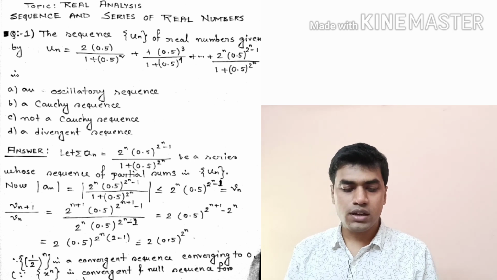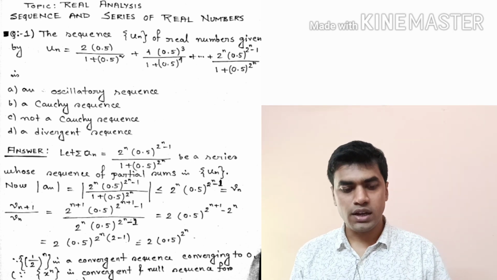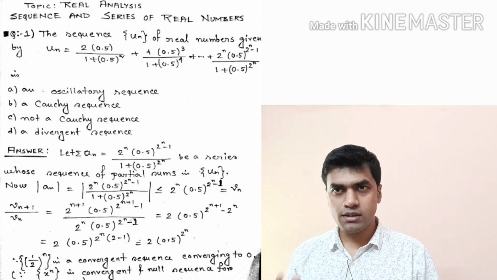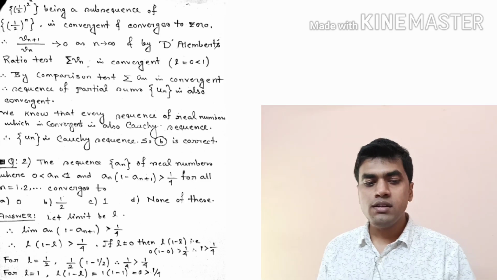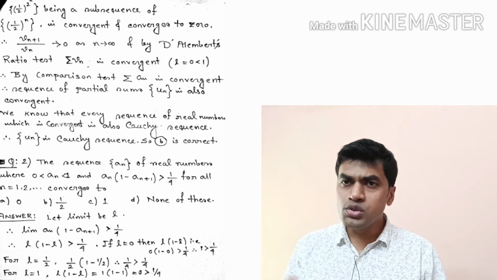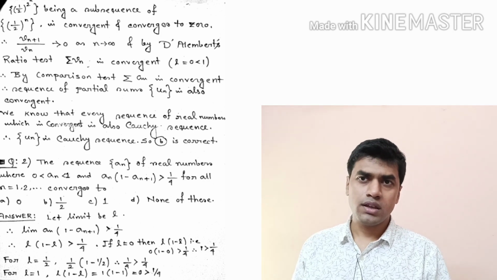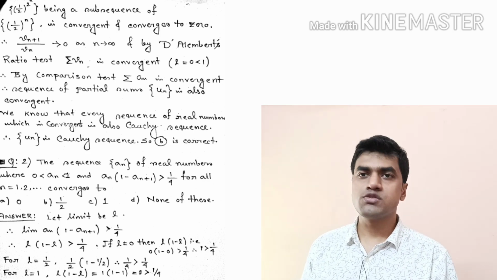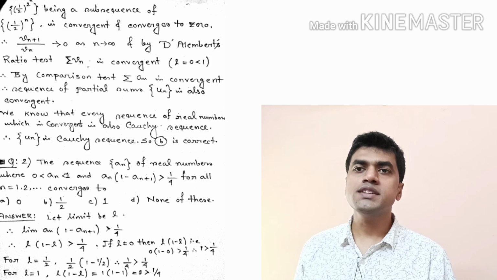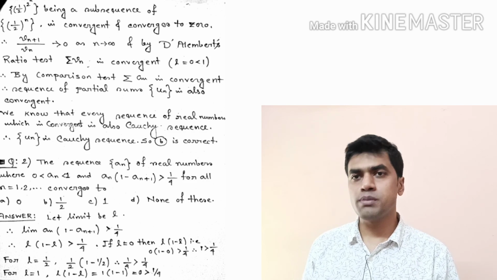Now we will come to the next page, that is page number 2, slide number 2. There, half whole to the power 2 to the power n, if we take it in sequence form, is obviously a subsequence of half to the power n.